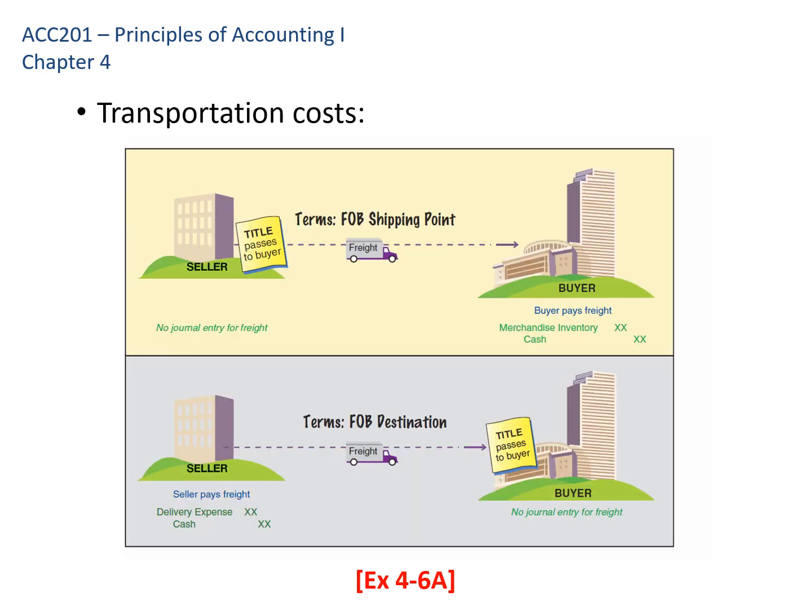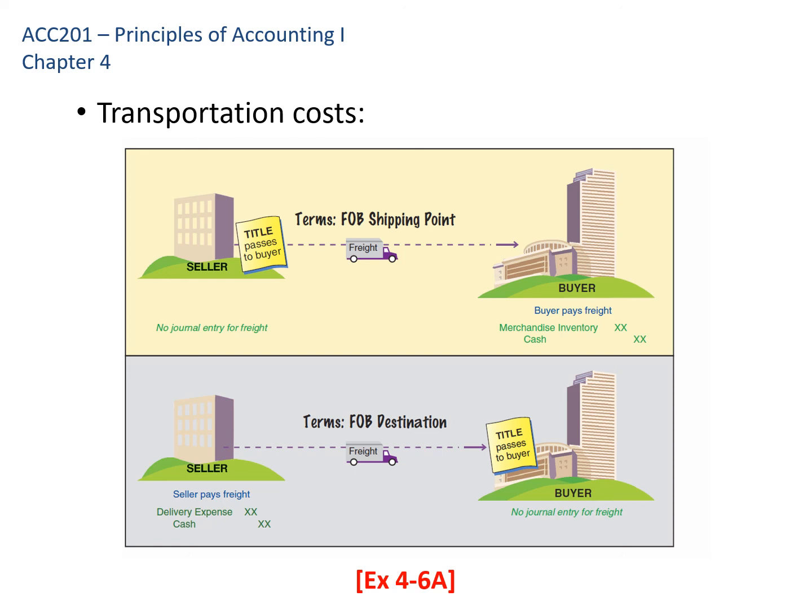The last thing I want to talk about are transportation costs. So products are sold under either one of two terms, either FOB shipping point or FOB destination. In FOB shipping point, the ownership of the goods transfers to the buyer at the seller's loading dock.